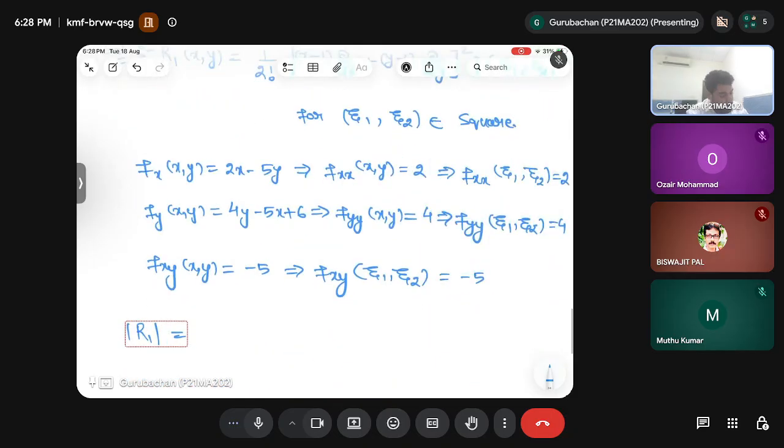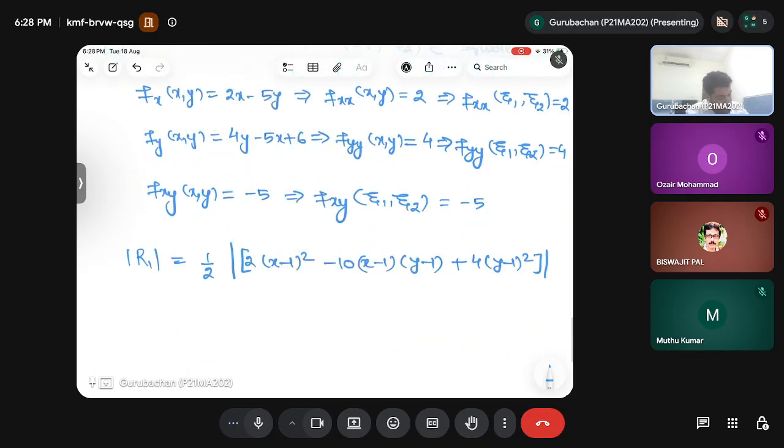So this will be 1 by 2, 2 times (x minus 1) whole square, I'm writing mod for the time being outside, plus minus 10 times (x minus 1) into (y minus 1), and again plus 4 times (y minus 1) whole square.